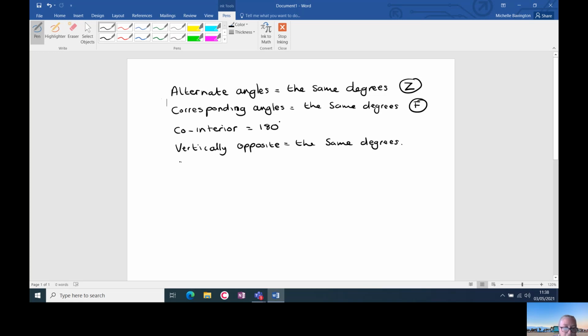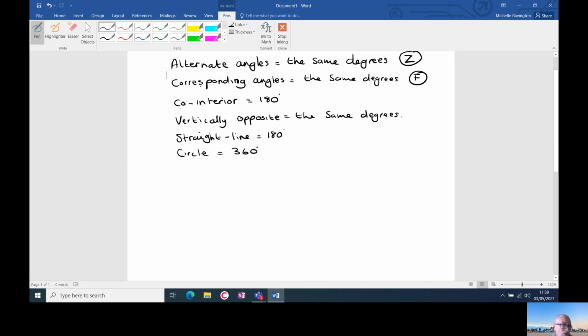We also have a straight line, which equals 180 degrees. We have the circle, which equals 360 degrees. And we have another one, but I'll show you that as we go.